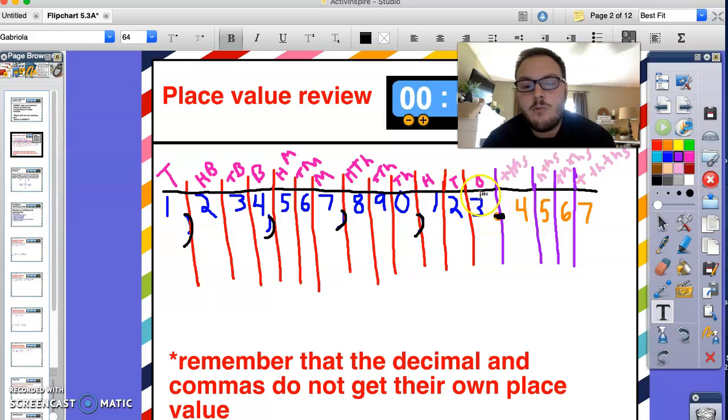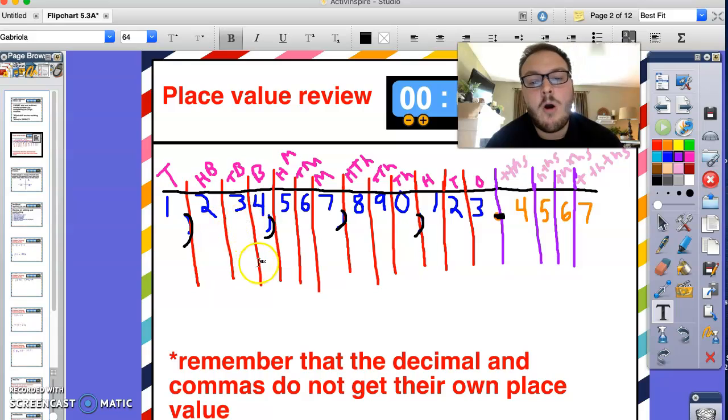So we're going to start at the ones and move to the left. We have our ones, our tens, our hundreds, then we have a comma, then we're moving to the thousands, the 10,000s, the 100,000s, then after the 100,000s we have the millions, the 10 millions, the 100 millions, the billions, and after billions we have the 10 billions, 100 billions, and finally trillions.